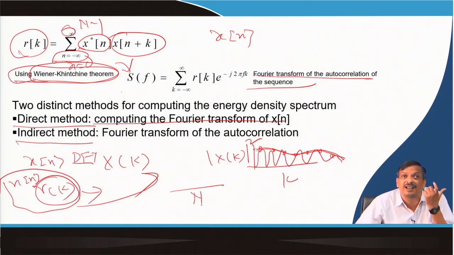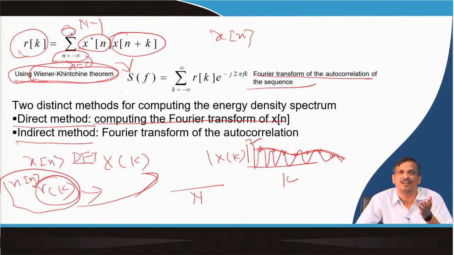We said the signal is periodic with length N, but a random signal is not periodic with length N. A deterministic signal may be. So, that is why we go for the autocorrelation of the signal, and from that autocorrelation we try to estimate the power spectral density of the signal.